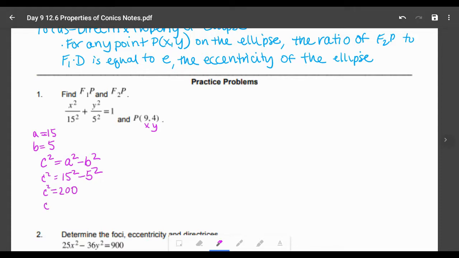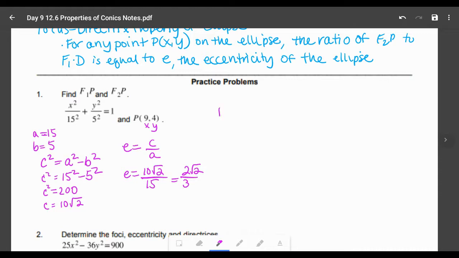So c is equal to 10 root 2. Using c, we can figure out e, since e is equal to c over a. So we can do e equals 10 root 2 over 15, which reduces to 2/3 root 2. All right, now that we have e and a, we can then figure out what are the lengths of the focal radii.